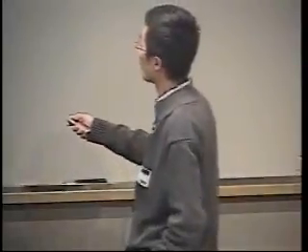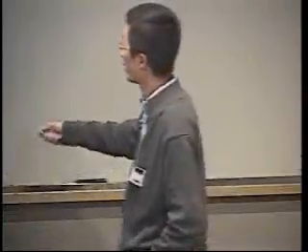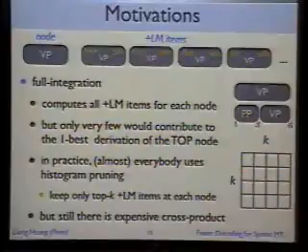And that technique greatly reduces the search space so that it becomes more tractable in practice, but it's still pretty expensive when you combine this PP with VP to form this bigger VP. Each of them has k LM items, and you have, in principle, k-squared possibilities to consider.